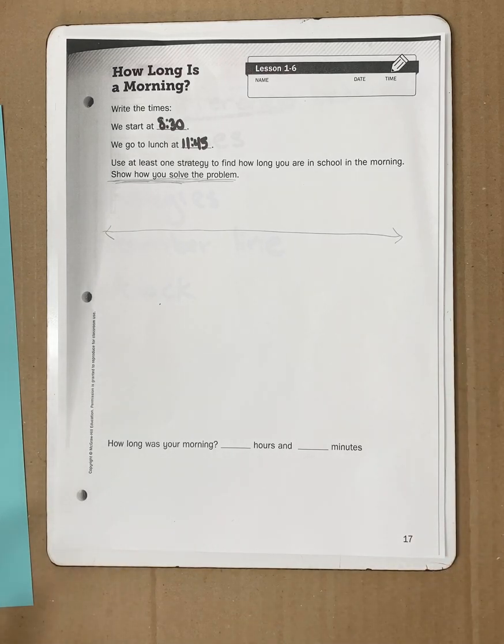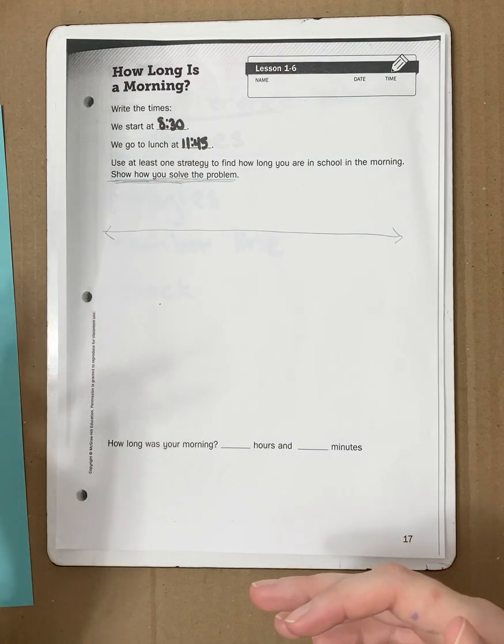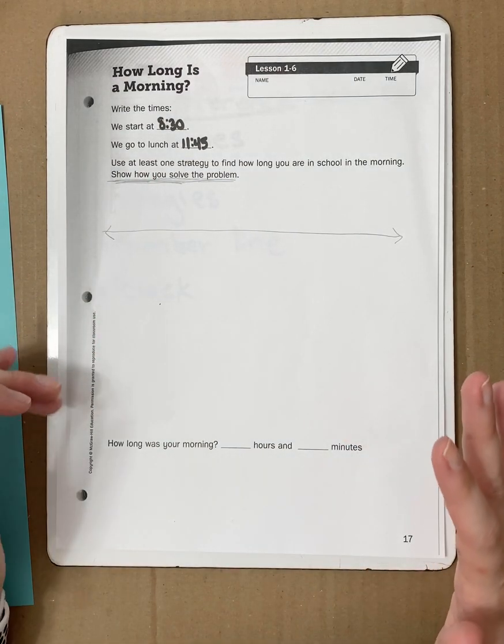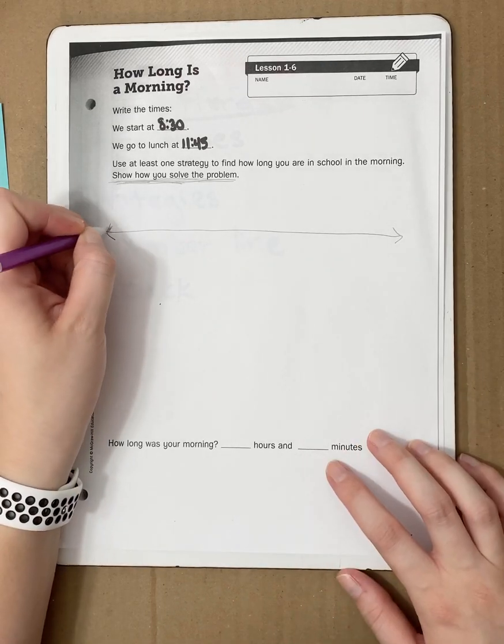I'm just going to go over both strategies and how you could have solved them. I don't necessarily want you to erase all of your work on your paper. I want to just go over it with you, and I want you to follow along.